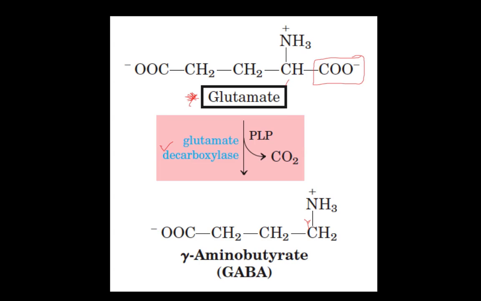So we call it gamma aminobutyrate because there are 4 carbons. That's how GABA gets its name. This is a decarboxylation reaction catalyzed by glutamate decarboxylase. And remember, what's the coenzyme for glutamate decarboxylase? PLP.